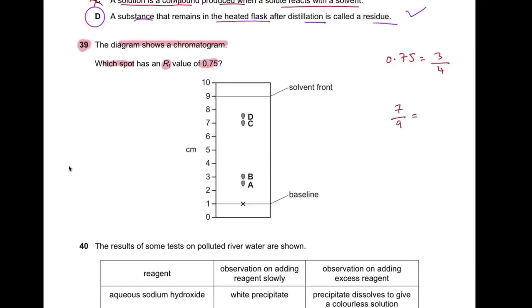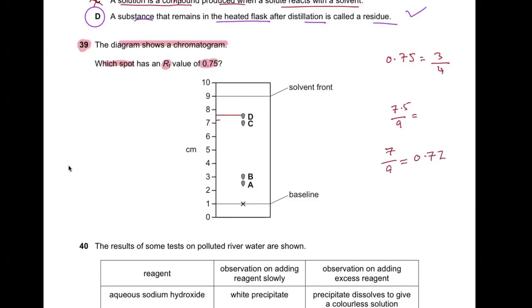Sir, it's really 0.77. It's 0.77. But if you see, if you go over here, it is going to be greater. It's like 7.2 or 7.5. So 7.5 over 9. 7 over 9, you are getting 0.77.